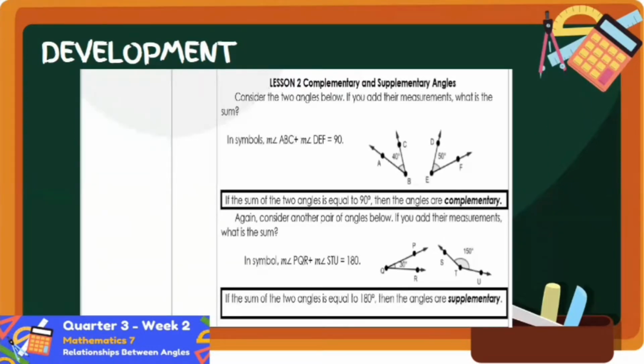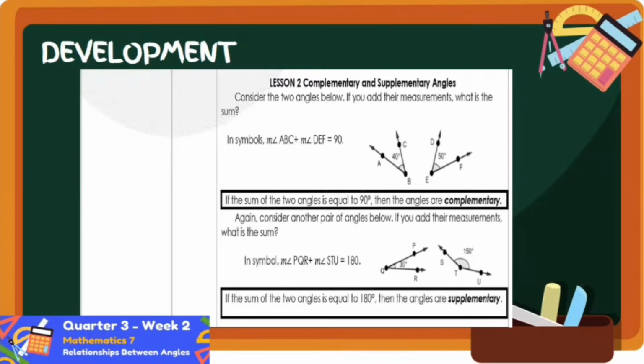Lesson 2. Complementary and supplementary angles. Consider the two angles below. If you add their measurements, what is the sum? In symbols, measure of angle ABC plus measure of angle DEF is equal to 90 degrees. If the sum of two angles is equal to 90 degrees, then the angles are complementary.